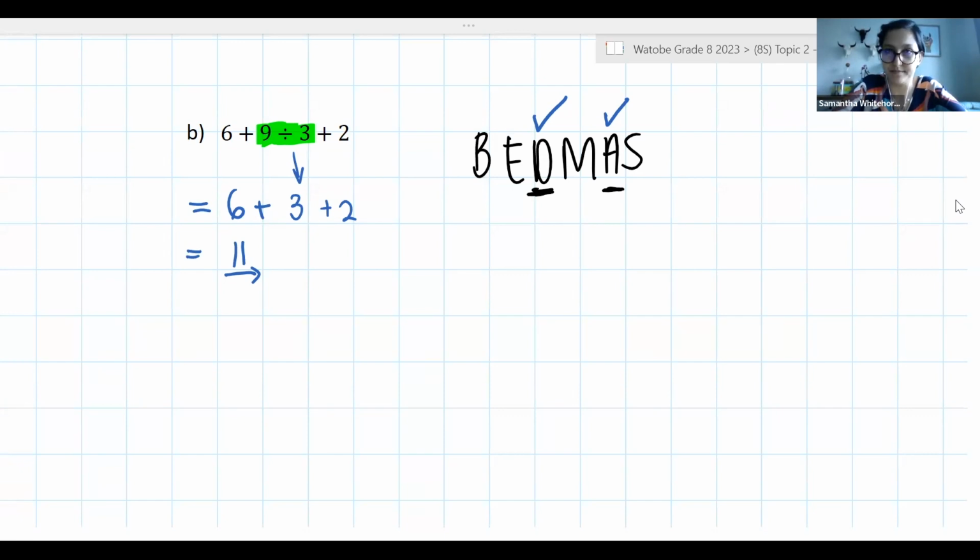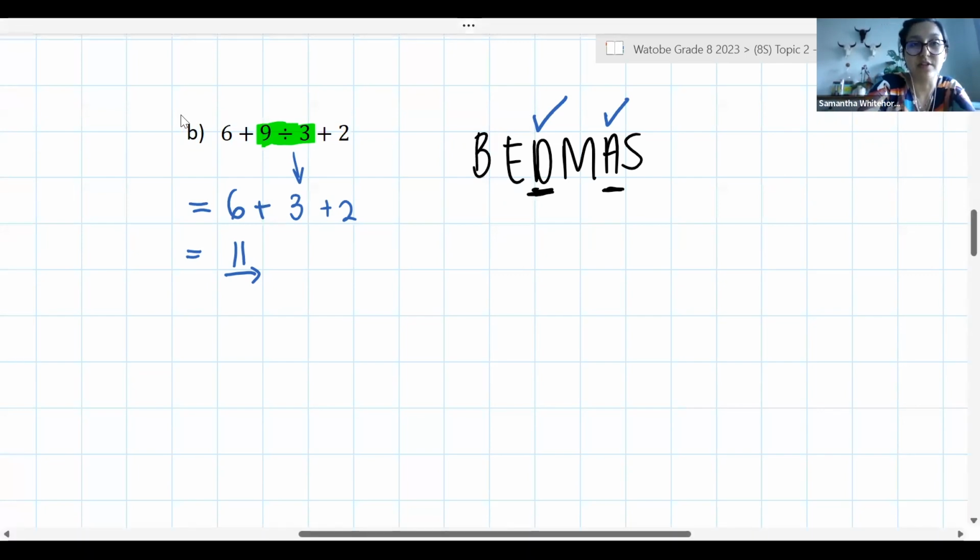Ma'am, I don't understand number B. Okay, so for number B, we need to do our order of operations. So we need to do BODMAS or BEDMAS. So according to BODMAS, we need to do division first. So in this expression, I have to start with the division. I have to start with 9 divided by 3, and that gave me 3.